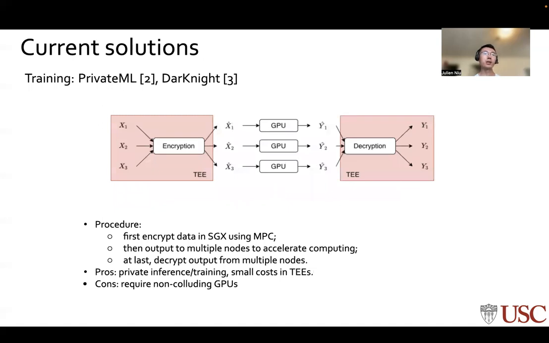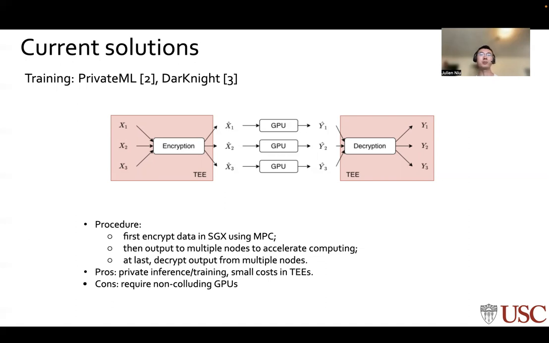For model training, there are other methods like PrivateML or Darknet. All of these methods adopt a multi-party computing mechanism that uses jointly collaborating nodes to support privacy protection. They assume that they have non-colluding GPU nodes that can protect the data, but the assumption of non-colluding nodes might fail in some cases.